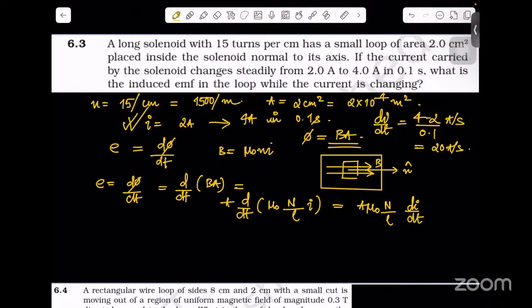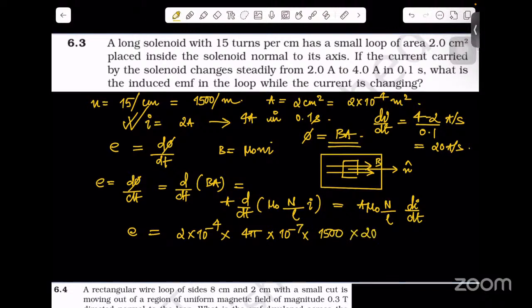Okay, so now plugging in the values, we have A, which is 2 into 10 raised power minus 4, into mu naught, which is 4 pi 10 raised power minus 7. N upon L is given as 1500, and di upon dt is 20.